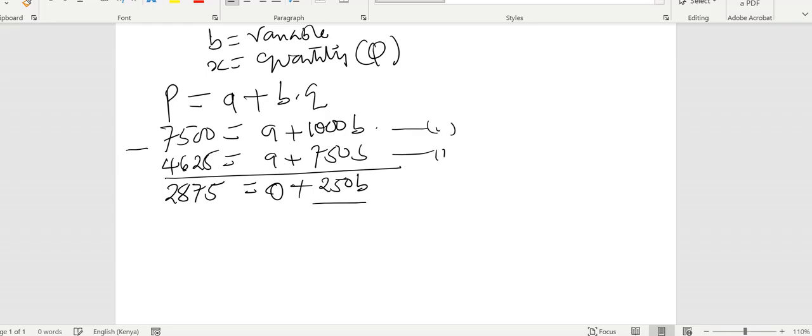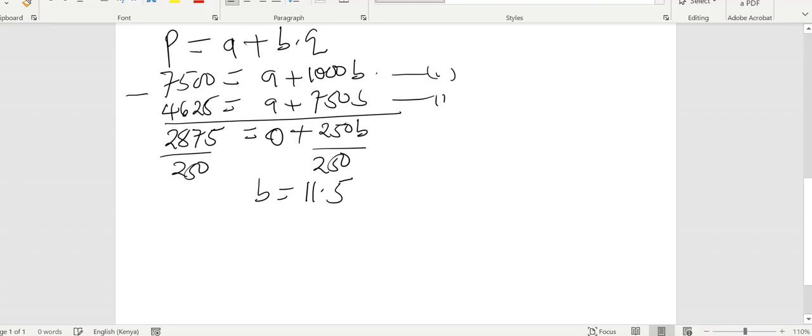So divide 2,875 by 250, which is 11.5. Now substitute in the equation to get the value of a.